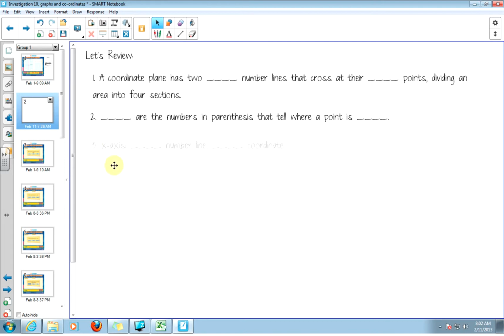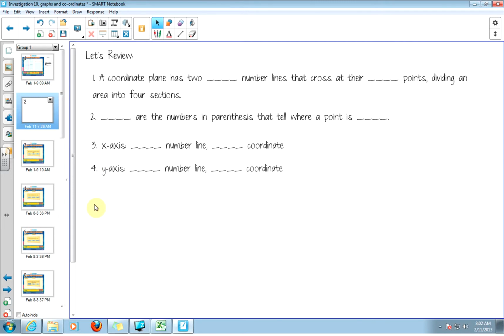Number 3. X-axis is the blank number line and the blank coordinate. You're filling in horizontal or vertical, and also first or second. If you answered that the x-axis is the horizontal number line in the first coordinate, you are correct.